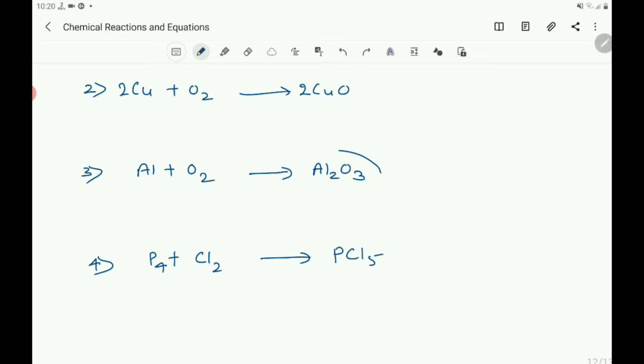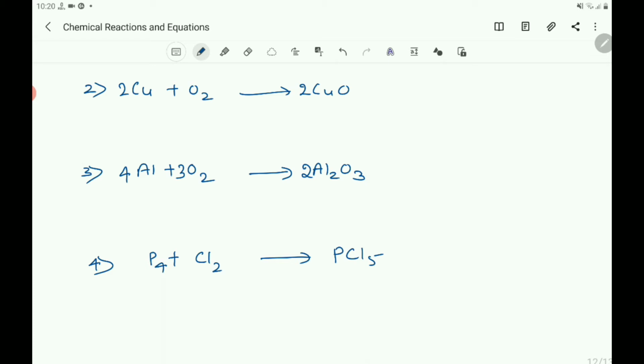Here Al2O3 is a big molecule, and here O3 has the maximum number of atoms. Here O3 is there, here O2 is there, so you can make it 6. 2Al2O3, here 3O2. Then 2Al2 means aluminium atoms are 4 on the product side, so you can multiply it by 4.